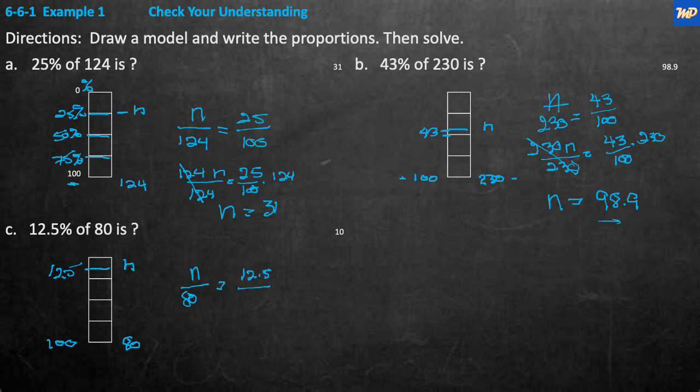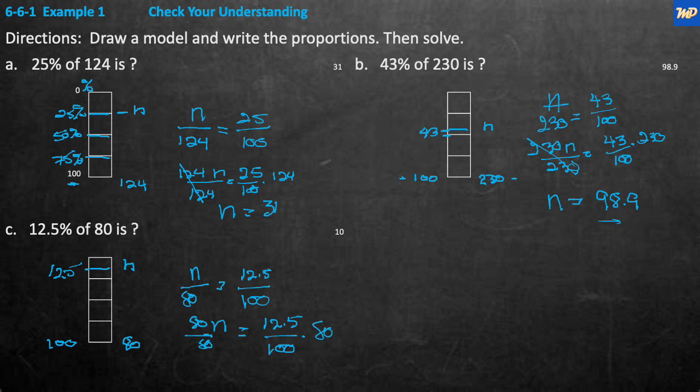12.5 divided by 100. And as we've been doing, I'm going to multiply both sides by 80 to get rid of the denominator of 80 with the n, because we want to get the n in the numerator by itself. So we're going to say 80 over 80 times n is equal to 12.5 over 100 times 80.